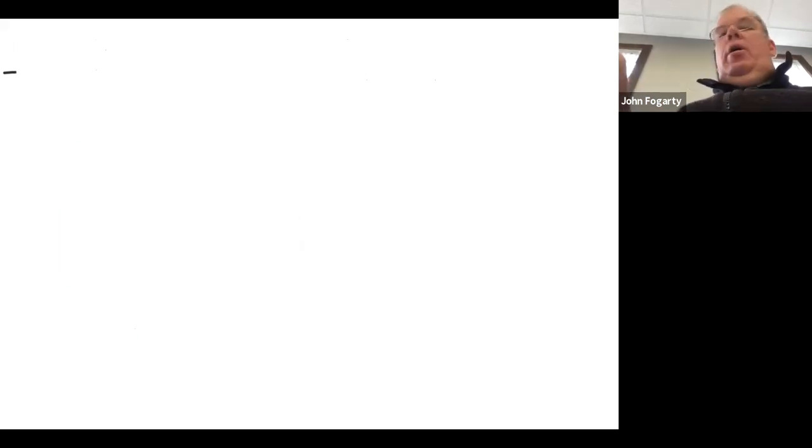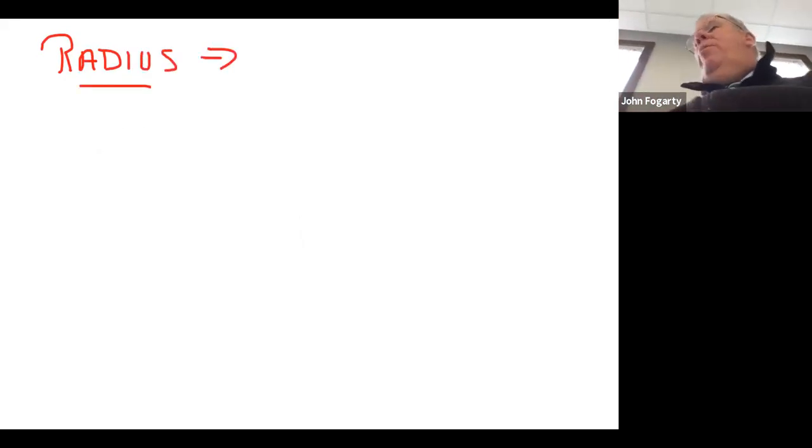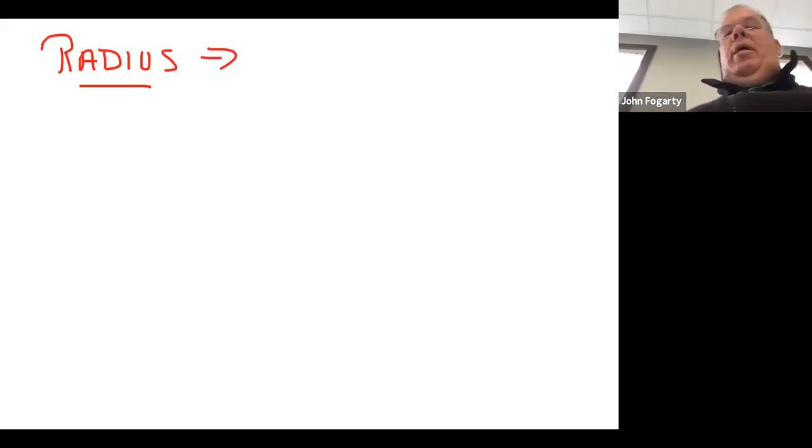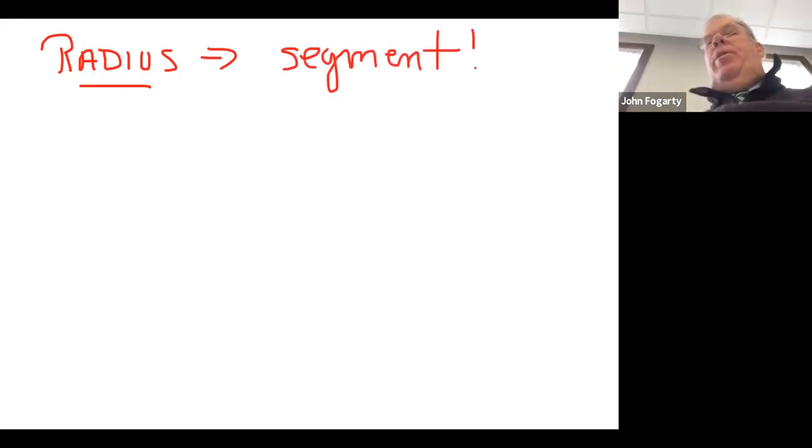All righty. So the first segment we want to talk about is called the radius. Anybody want to tell me the definition of a radius? Well, we know it's a segment. So what does that mean? If I tell you it's a line segment, what does that mean? It means it's part of a line.